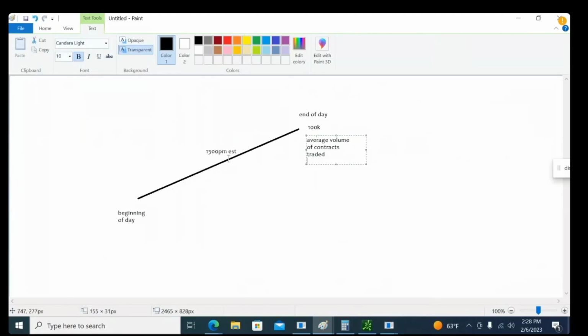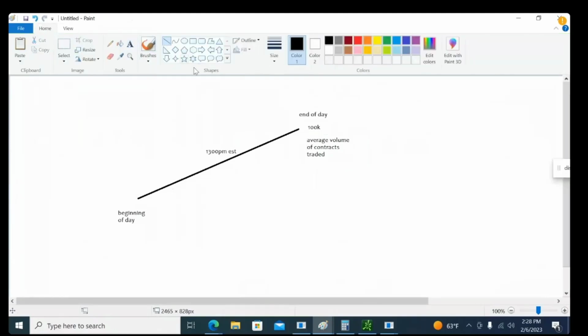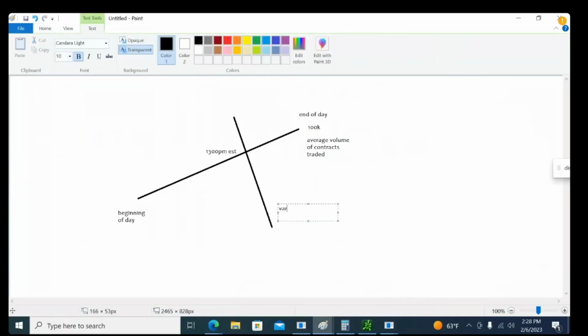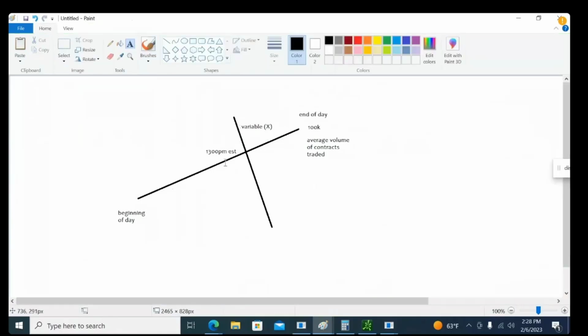As we burn through here, we start to have less and less to be traded. So our variable X, which is the unknown variable here, starts to become more and more known because you have more and more contracts traded.